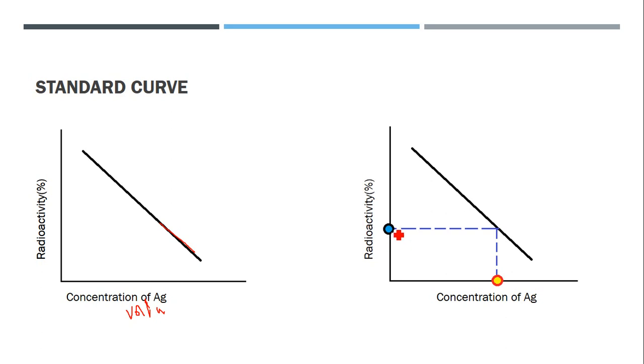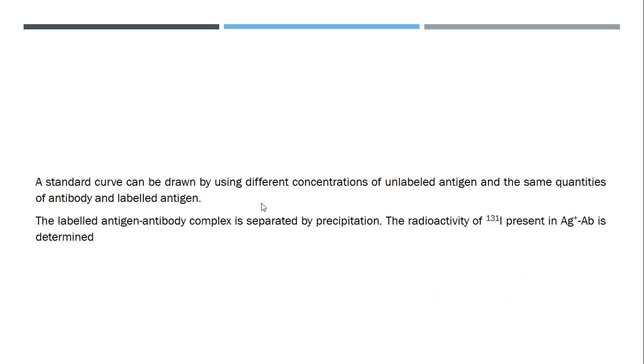We can take our sample antigen, and by measuring the radioactivity, we can extrapolate it on the x-axis and we can find out the concentration of unknown antigen. Okay, so a standard curve can be drawn by using different concentrations of unlabeled antigen and same quantity of antibody and labeled antigen. The labeled antigen antibody complex is separated by precipitation.